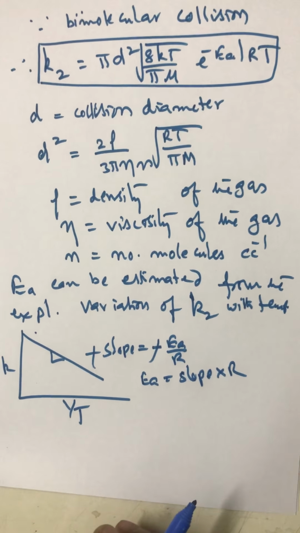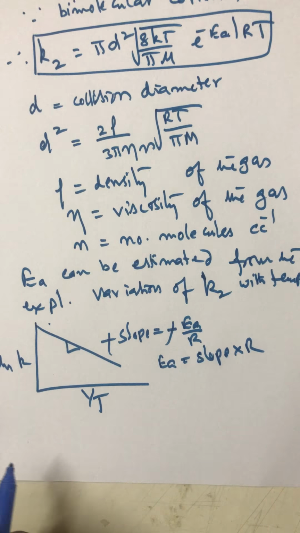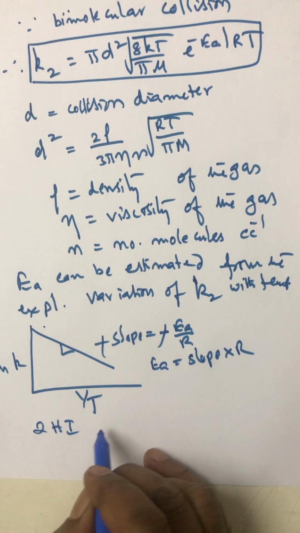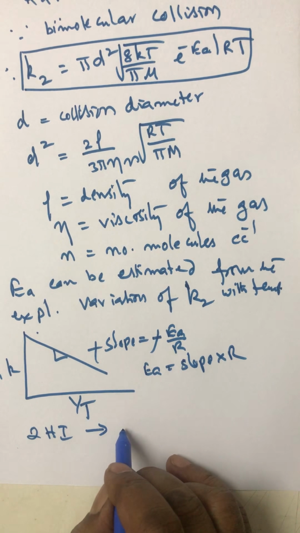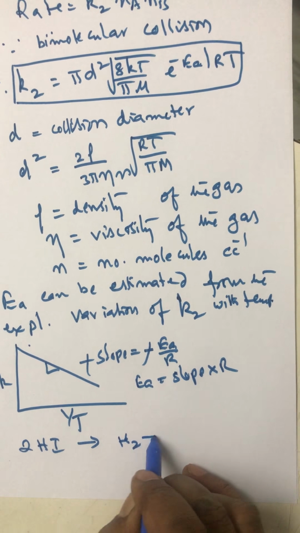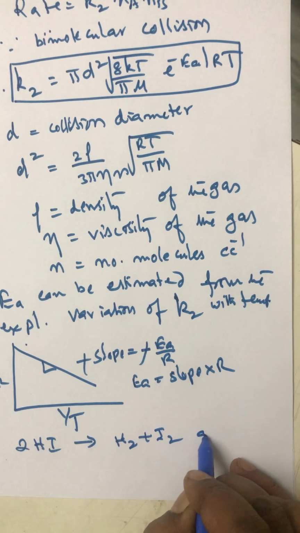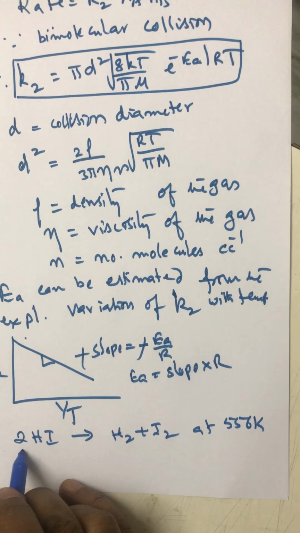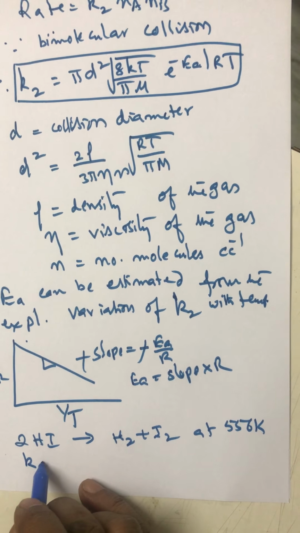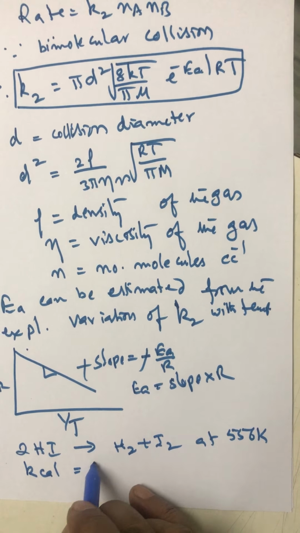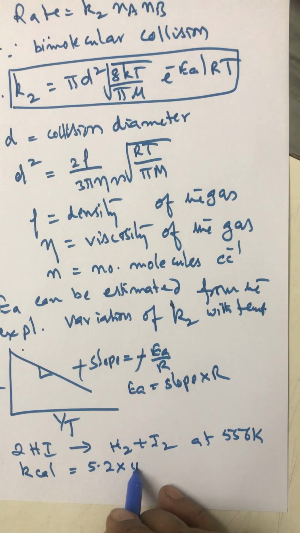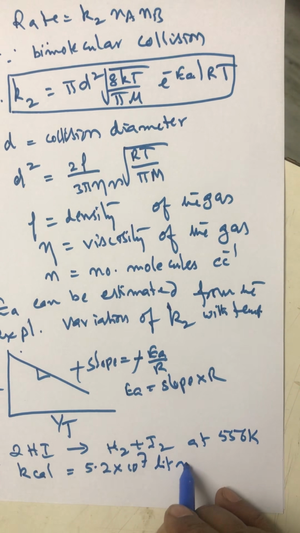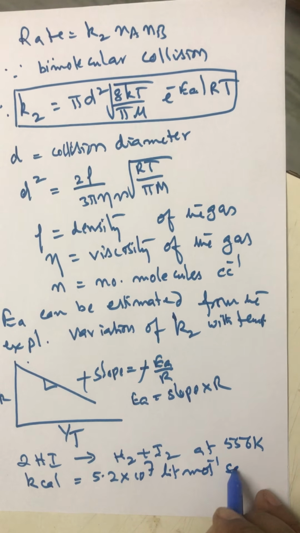Now the question is the successful nature of this collision theory. If it is applied to a reaction like decomposition of HI, H2 plus I2, at 556 Kelvin, k calculated is 5.2 into 10 power 7 liter per mole per second.